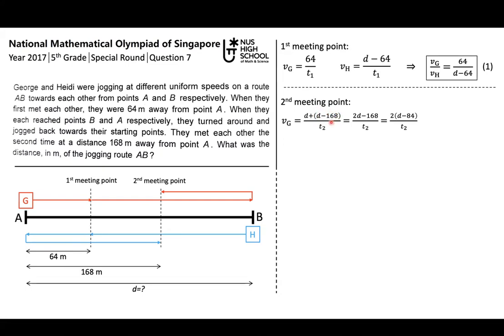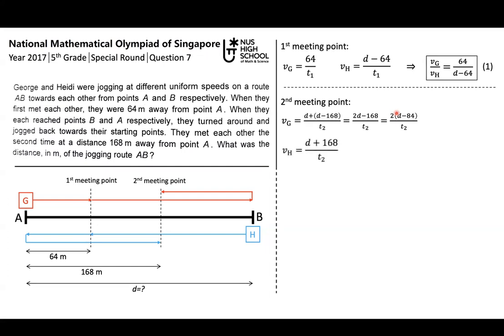And let's say it takes time t2 to reach the second meeting point. So the velocity is just the ratio of the distance to the time it takes. We open up the bracket, then we have 2d minus 168 over t2, or if you factor out 2, we end up with 2 times d minus 84 inside the parenthesis divided by t2.